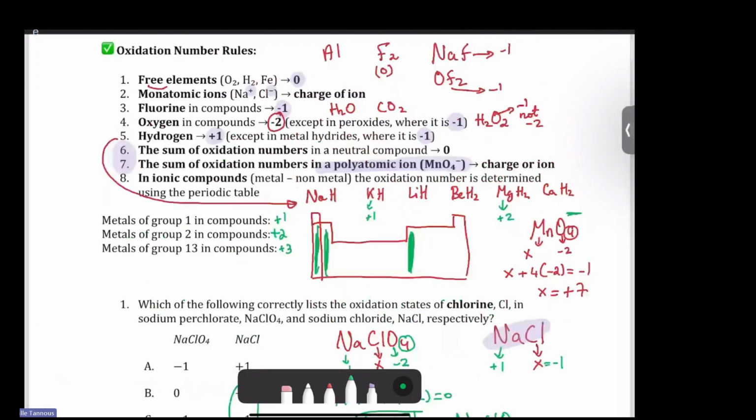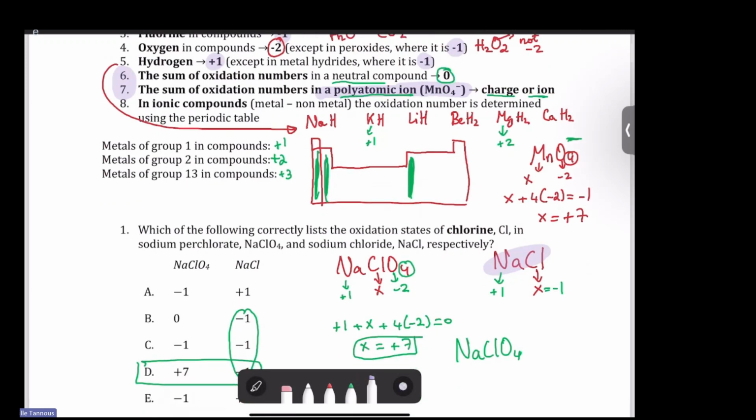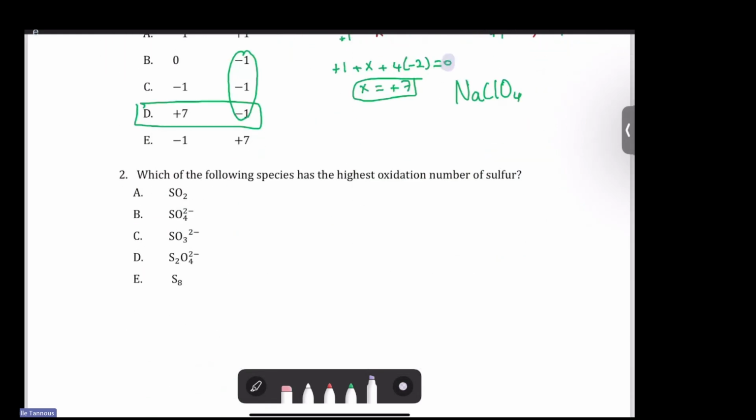That's rule number 6: the sum of oxidation numbers in a neutral compound is 0. The sum of oxidation numbers in an ion is equal to the charge of the ion. So this is why, when I solved this one, I said equal to -1, and here, when I solved it, I said equal to 0. Okay? Now, let's move on.